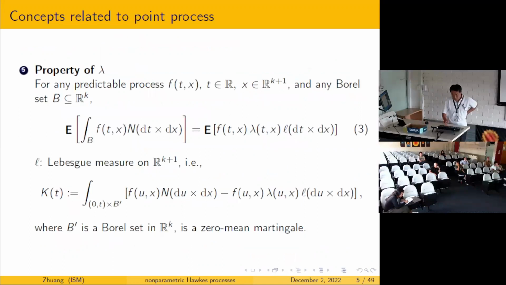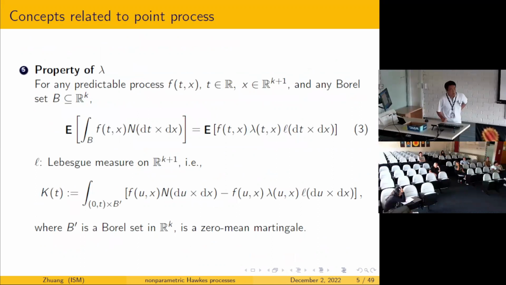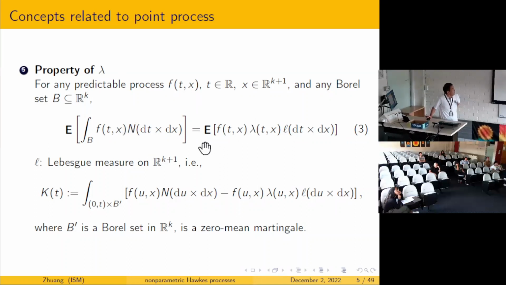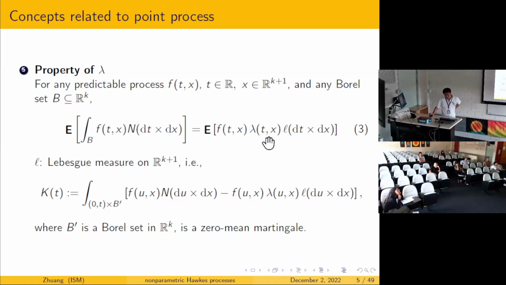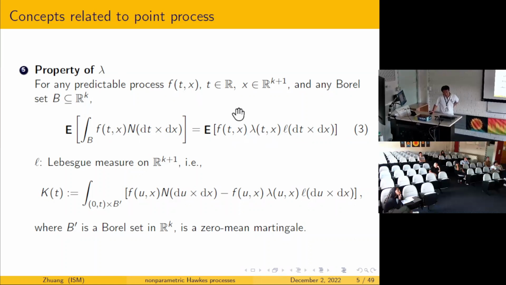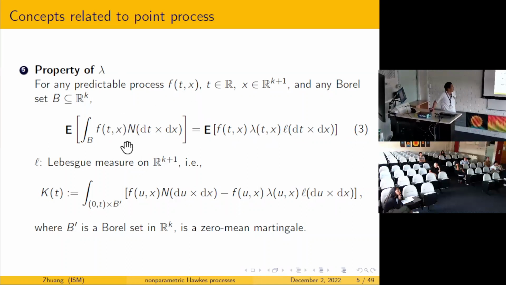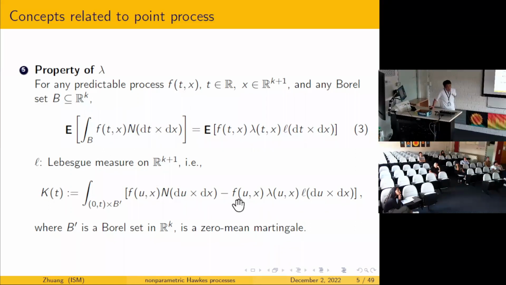Here the lambda is also closely related to the martingale property. This equality is frequently used in point processes when we are dealing with the conditional intensity. It is expected to hold because this part is a zero mean martingale.